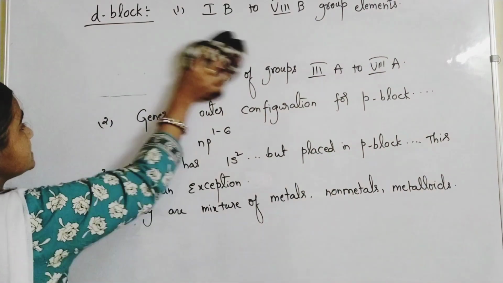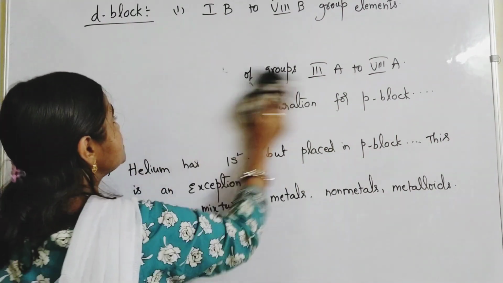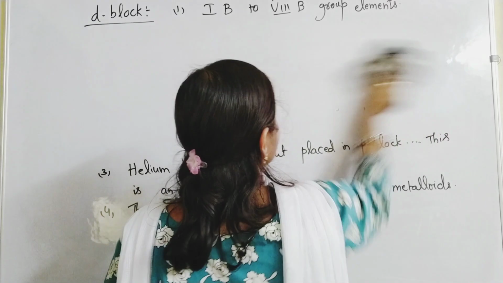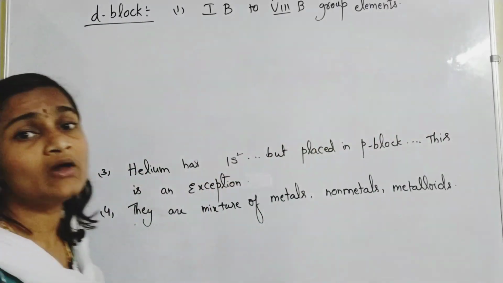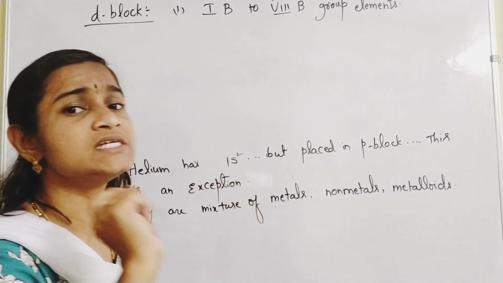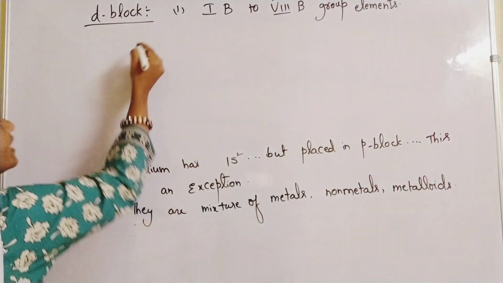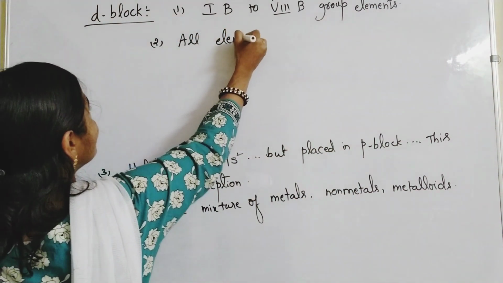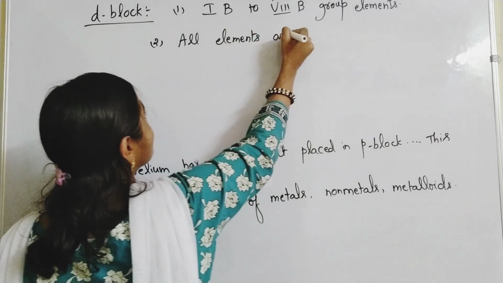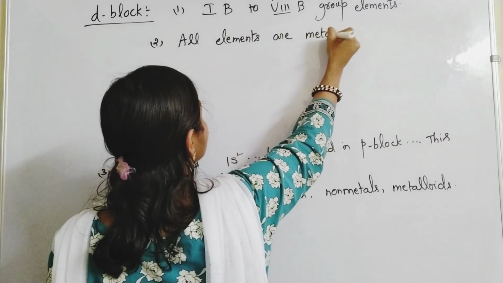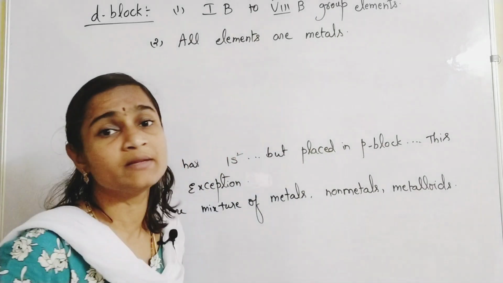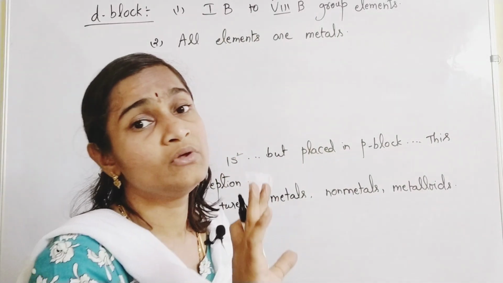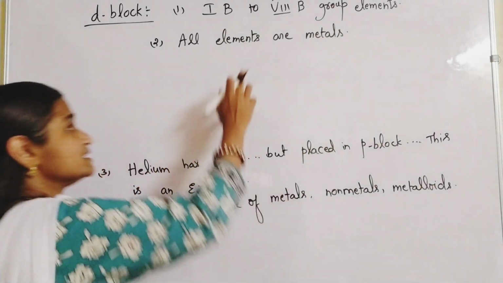Here the differentiating electron enters into D subshell. And for D block you will find all substances are metals only. All D block elements are metals only. You will not find non-metals and metalloids in them. All are metals only.